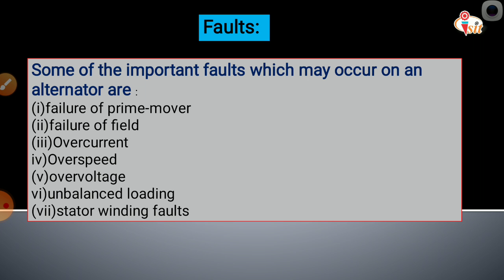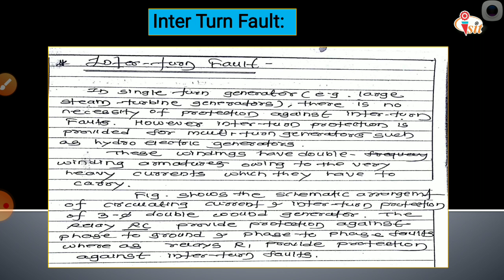The next type of protection is the interturn fault protection. When there are large generators, there are a large number of turns, so we have to provide protection against interturn faults. In a single turn generator, that is the large steam turbine generators, there is no necessity of protection against interturn faults.